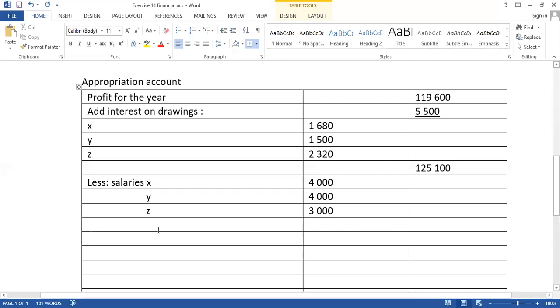So what is the total salaries? 11,000. So you are subtracting 11,000, so it should be in brackets. How much will we be left with?